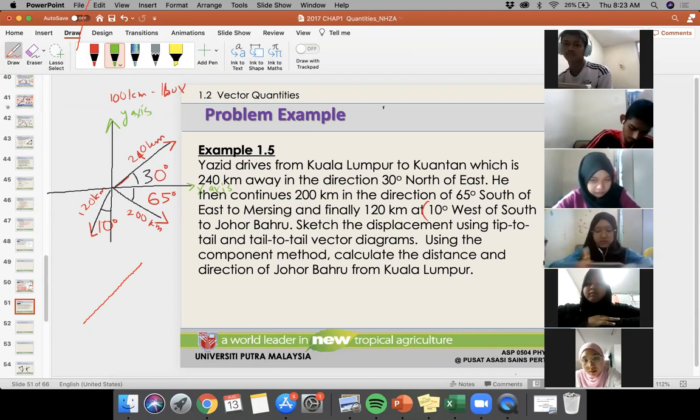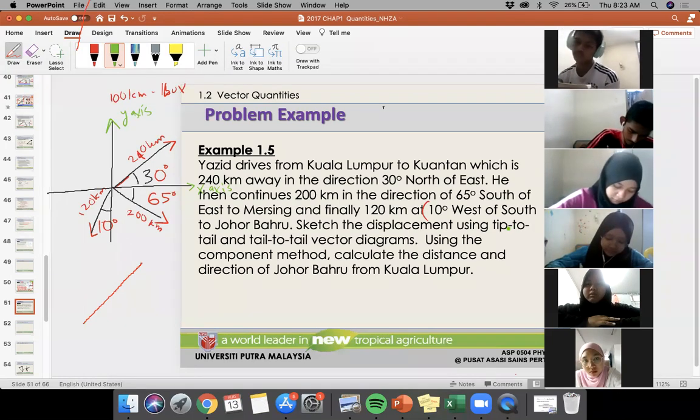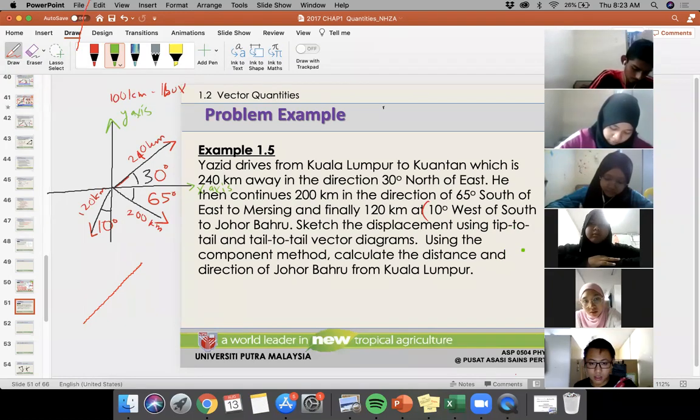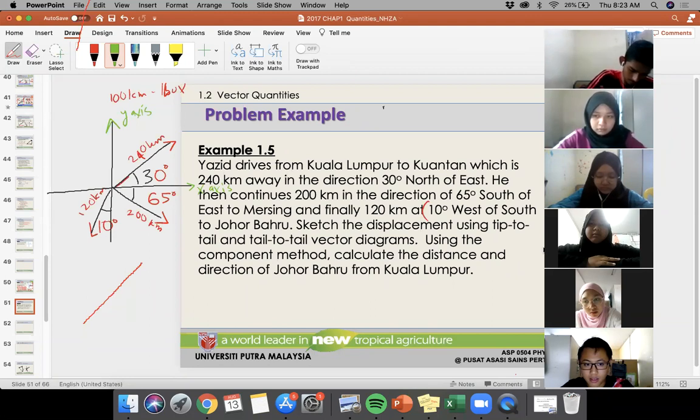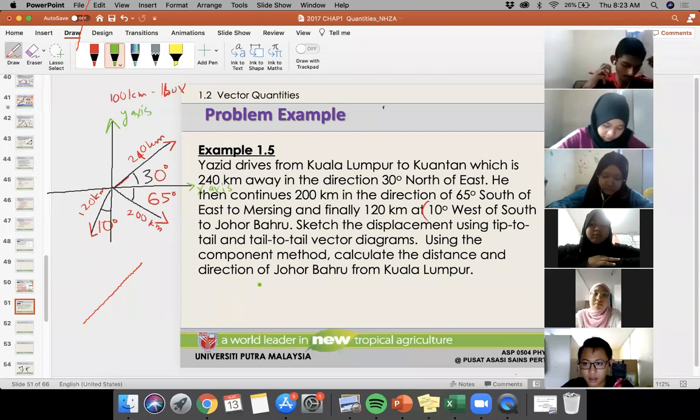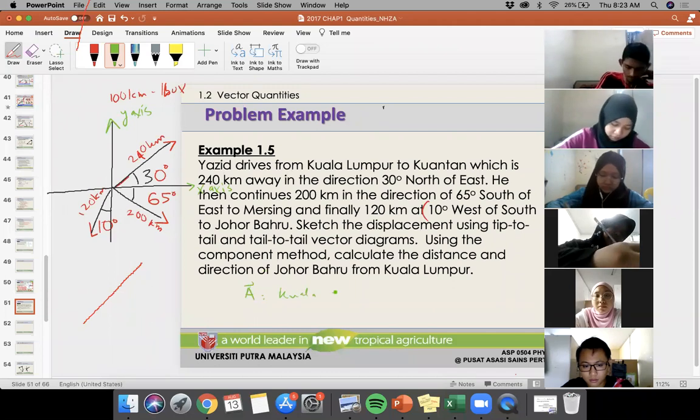Doctor, can I ask something? Yes, of course. For the labeling, can we use our own vector symbols? I mean, like from Kuala Lumpur to Kuantan, we make it vector A. Can? And so on. But you have to define it, because I won't know what vector A is, right? So vector A is Kuala Lumpur to Kuantan. Right, you can label this vector A. So you don't have to put in the magnitude.